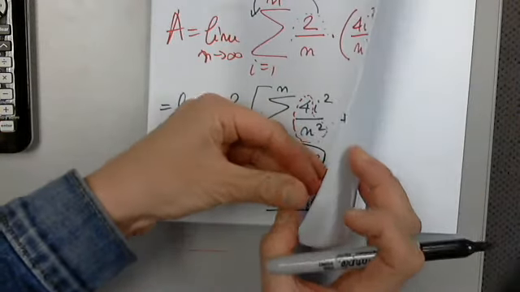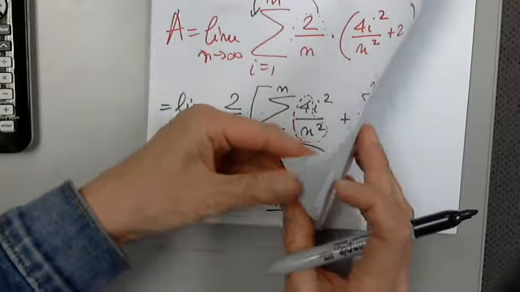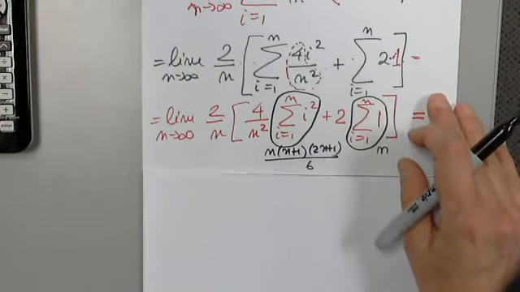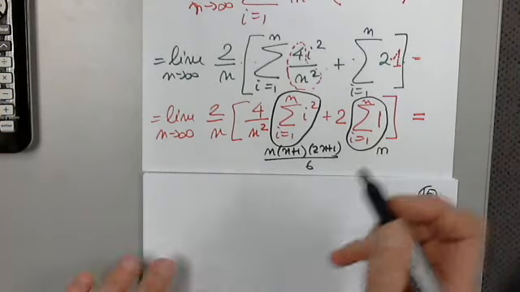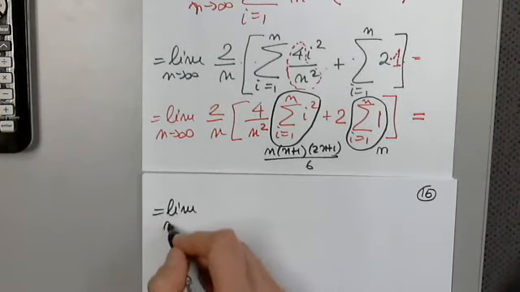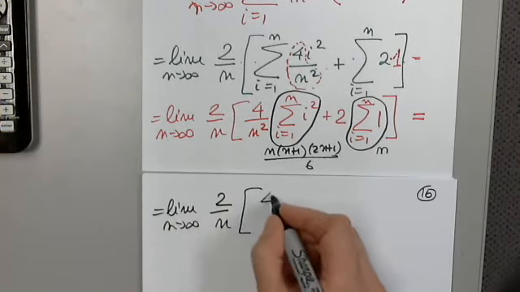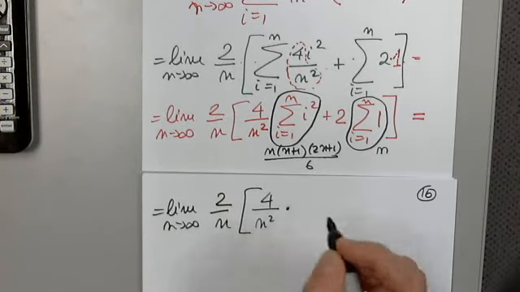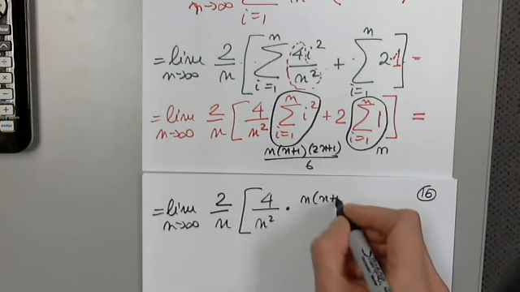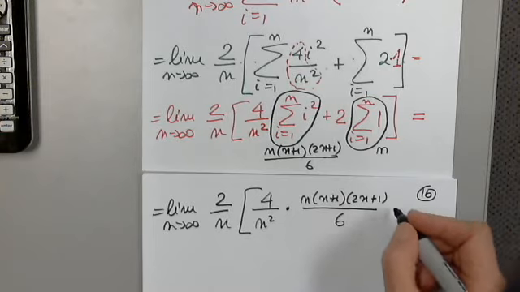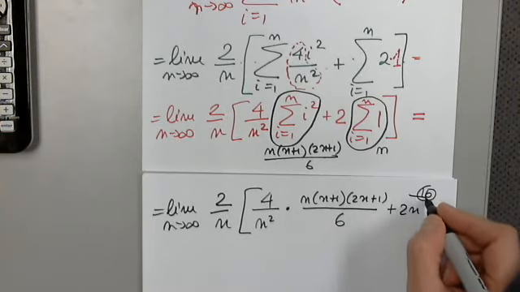Now you know why we looked at those 4 formulas or summations for this. So this equals the limit as n approaches infinity of 2 over n, times 4 over n squared times n plus 1 times 2n plus 1 divided by 6, plus 2n.